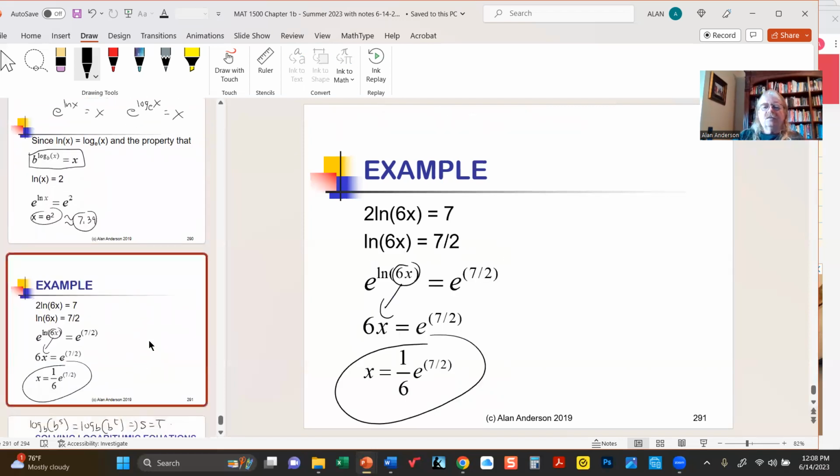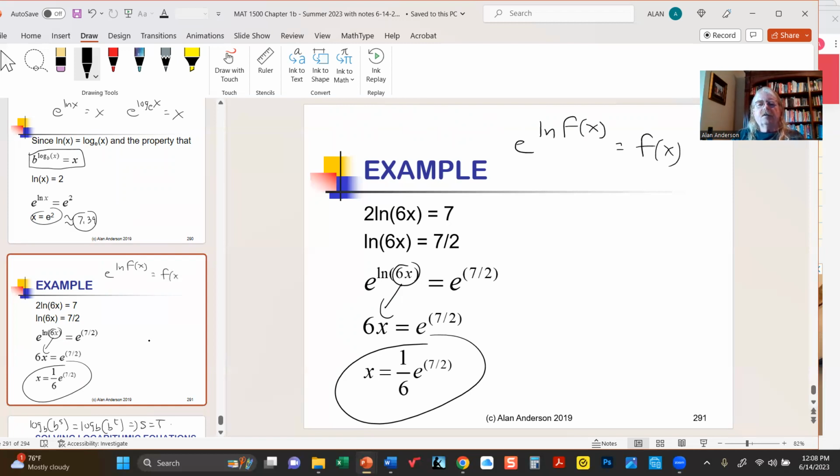Well, then let's try this one. Now, by the way, whenever you've got something like this, you should always try to clean it up as much as possible. I want just the log on the left, and all the constants and other stuff should be on the right. That way, it's pretty clear that, again, e raised to the log 6x equals e to the 7/2, and e to the log of any f of x is f of x.